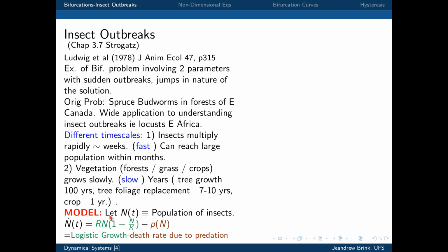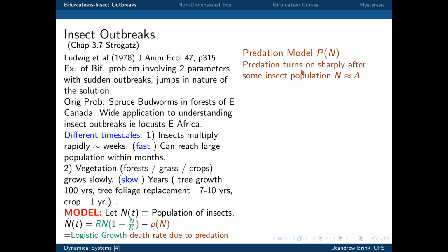In other words, the simplest possible model for a population growing with a fixed carrying capacity or fixed resources is this thing in green, the logistic growth model. And then you've got to add something else, so you add this predation term. Now I haven't yet specified the predation term except to say that it's a function of the population. So I'm now going to talk about the considerations they used to specify the predation term.